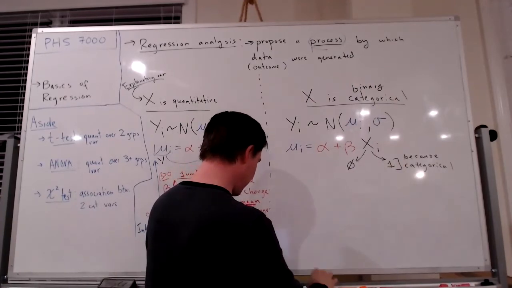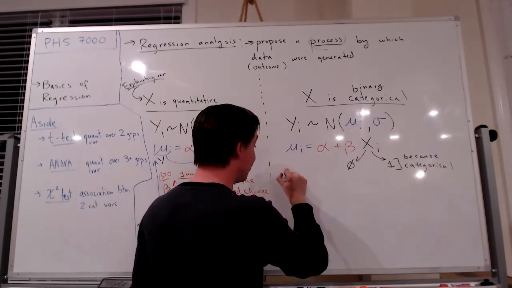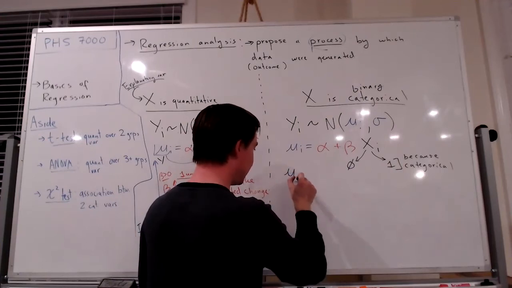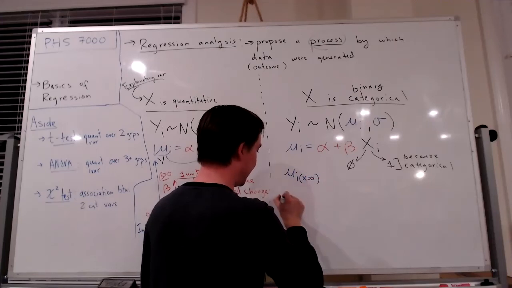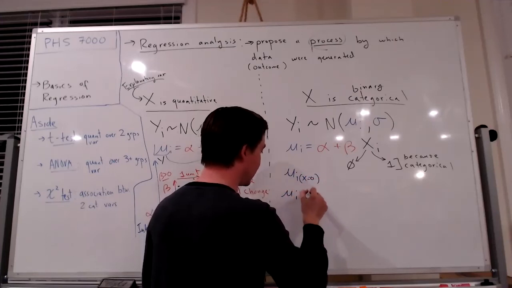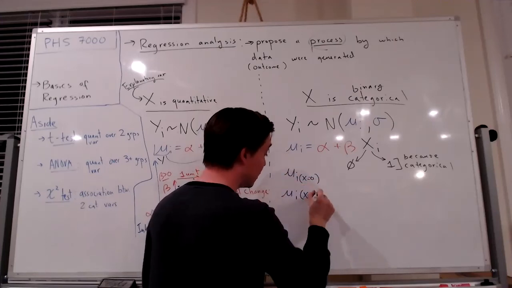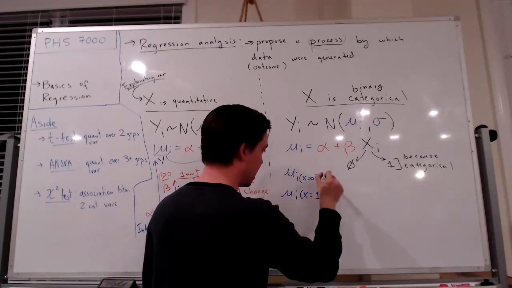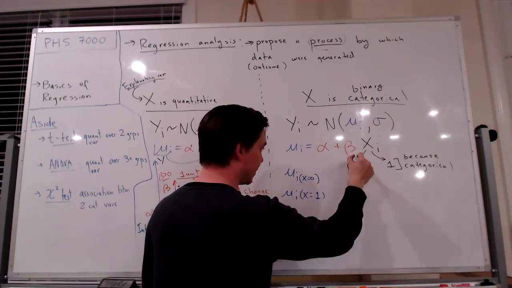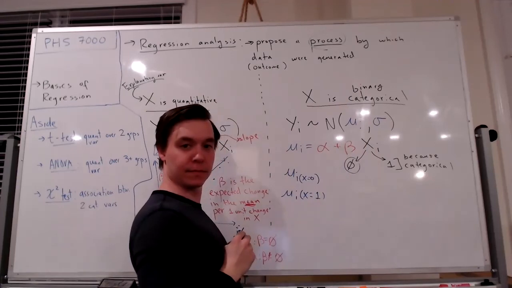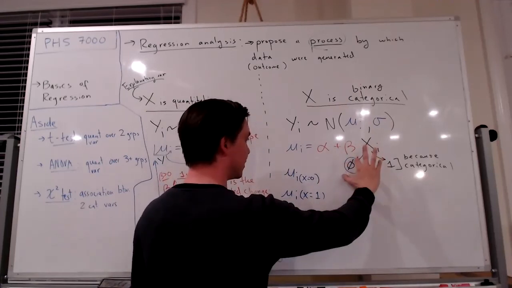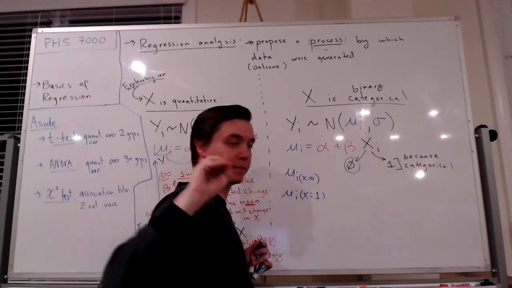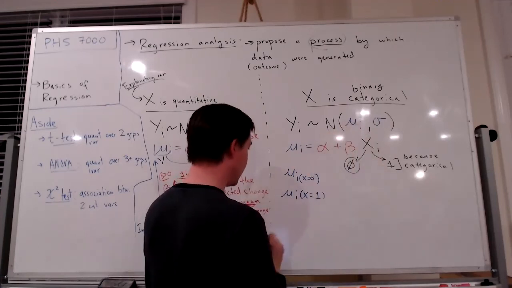So, what it means is we actually have just 2 means: mu sub i when x is 0, and mu sub i when x is 1. So when x is 0, we get 0 times beta is 0 plus alpha.